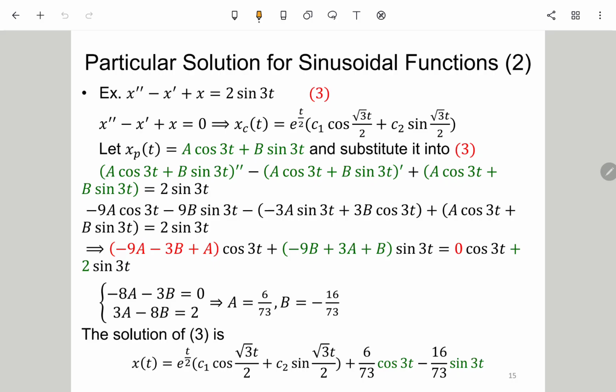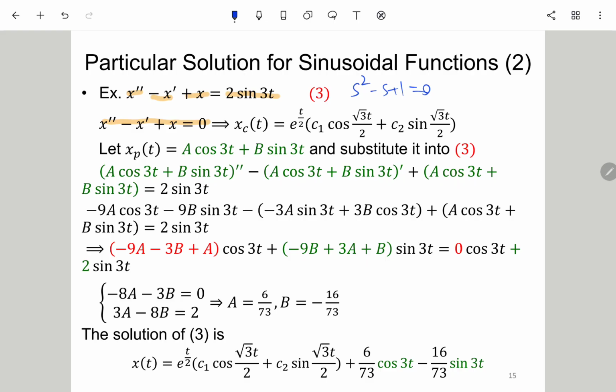So here, let us see an example of a particular solution. On the left side, x double prime minus x prime plus x. On the right side, 2 sine of 3t. For the first step, solve the homogeneous equation by letting the right hand side be 0, so we have s squared minus s plus 1 equals 0.